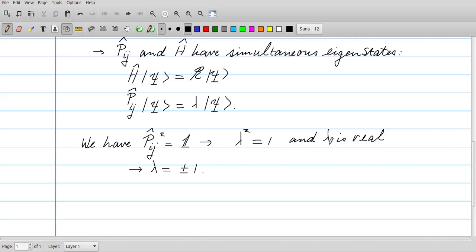Furthermore, lambda should be real, because Pij is a Hermitian operator, and therefore we can conclude that lambda is either +1 or -1. So we see that under exchange of two particles i and j, the eigenstates are either symmetric, that's when we have a +1, or antisymmetric, and that's when we have a -1.